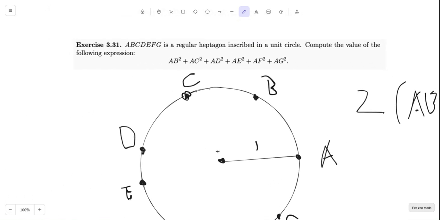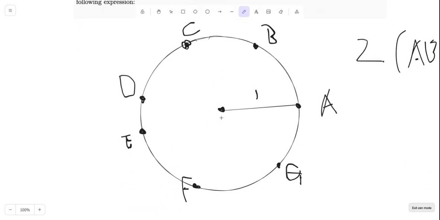So now, how do we find these? Well, we can apply roots of unity.